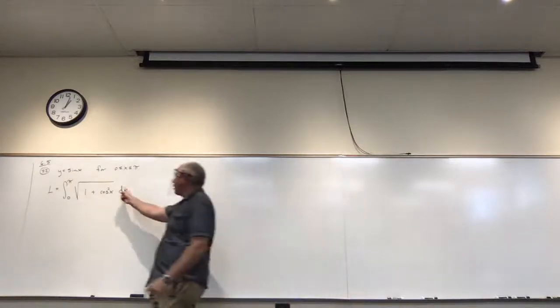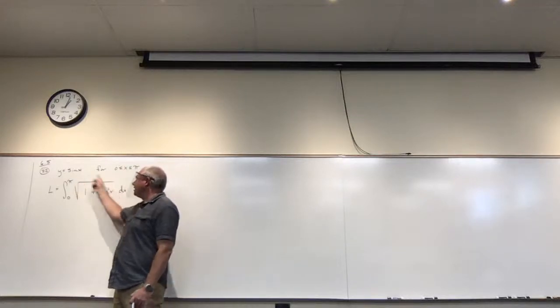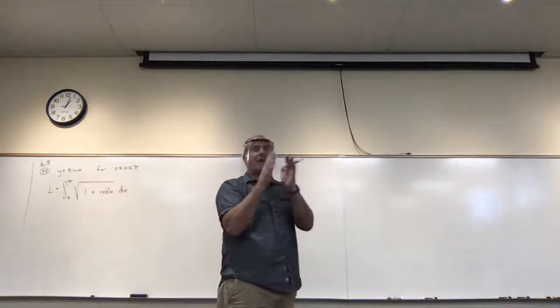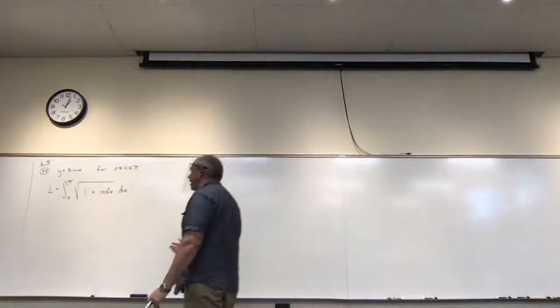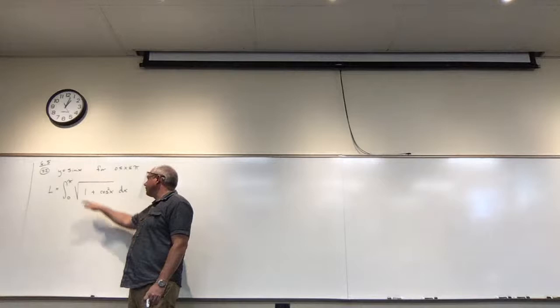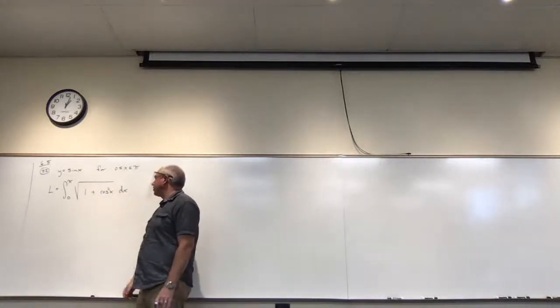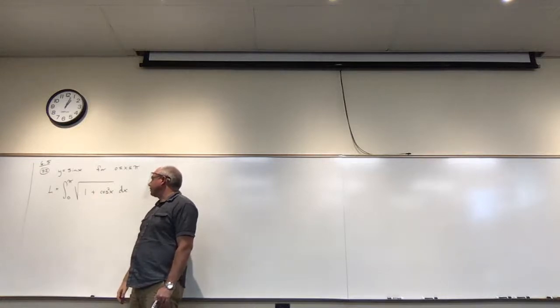So actually graph the square root of 1 plus cosine squared of x, and then use some sort of a tracing feature on your graphing calculator to see approximately how much area is under that curve between 0 and pi. There's no nice antiderivative that I know of for the square root of 1 plus cosine squared of x, so there's nothing nice here to work with, unfortunately.